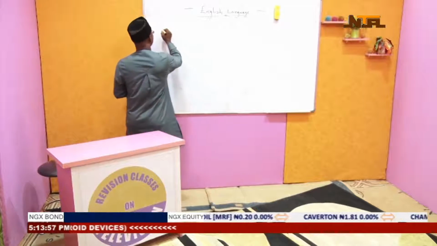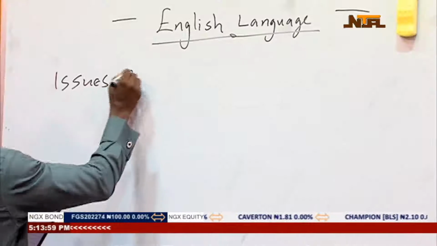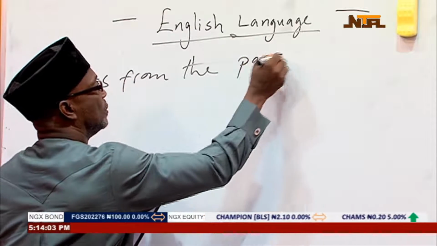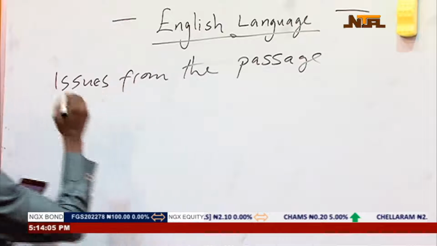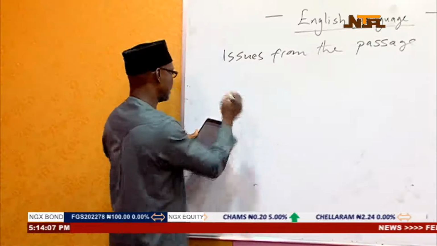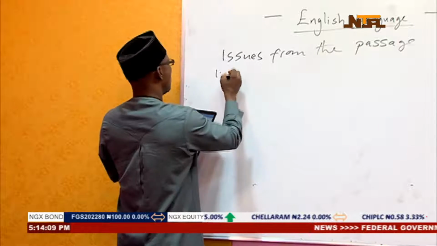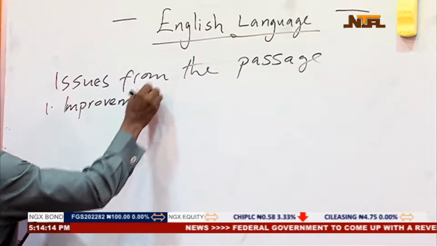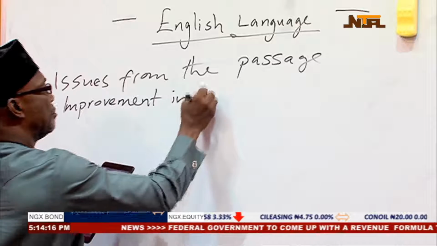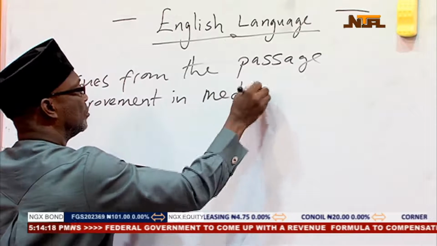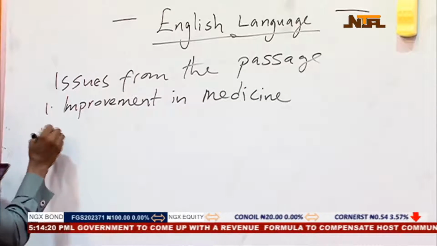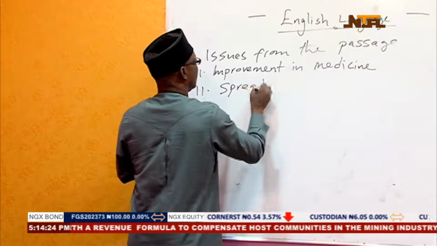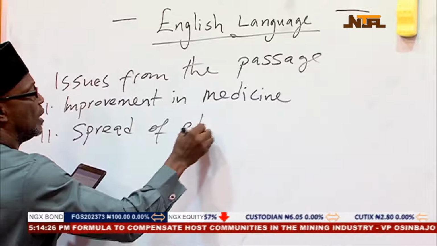And number 1, we call it issues from the passage. This will guide us into getting to our sentences. Number 1, we saw improvement in medicine. Number 2, spread of education.